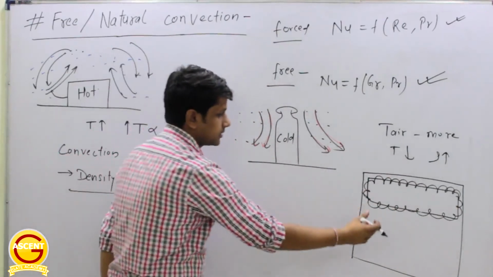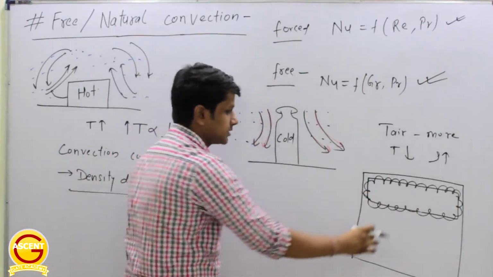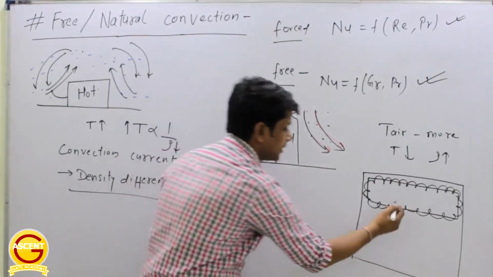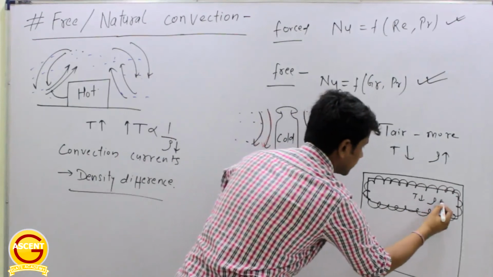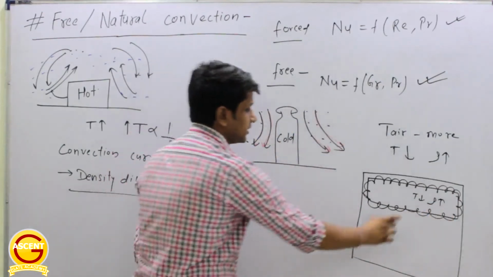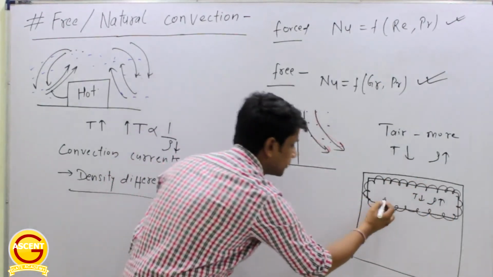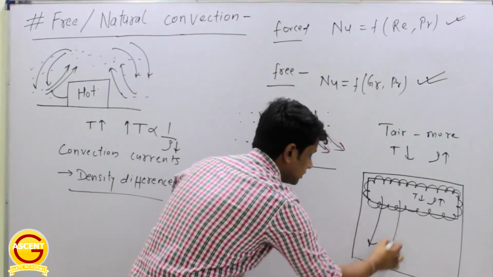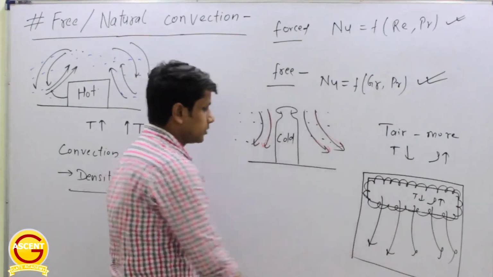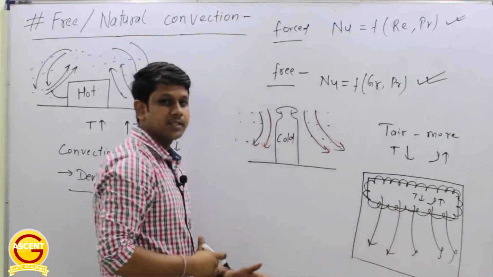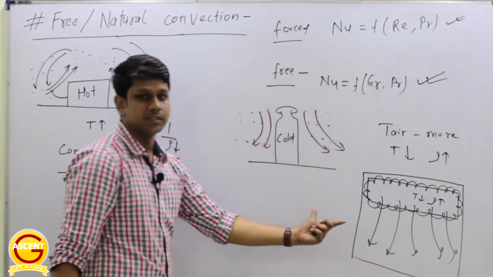The air particles which come in contact with this freezing compartment, their temperature will decrease and their density will increase, right? And because of this increase in density, these air particles will move towards the bottom, and then they will cool all the substances kept in the refrigerator, right?